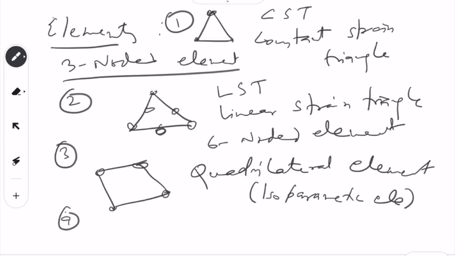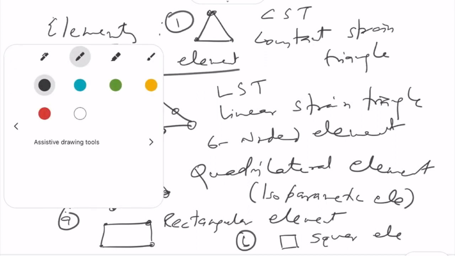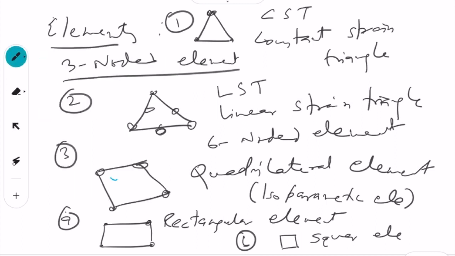There will be subtypes: it could be a rectangular element, or even a square element. This is 4 noded, all 4 noded basically.